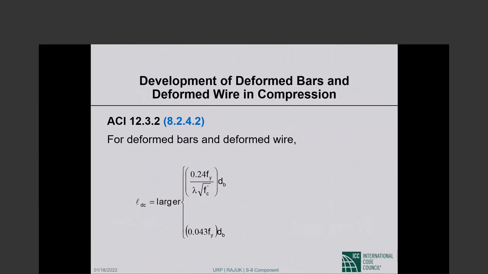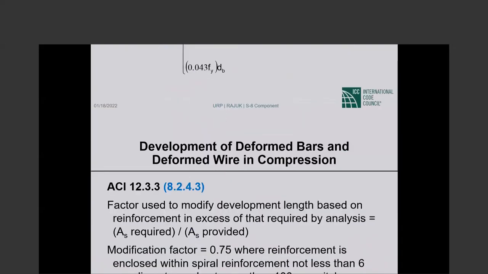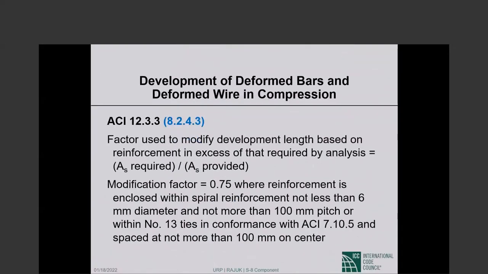These are the expressions for deformed bars and deformed wire. L sub DC, the required development length, is the larger of the values given by the two expressions. And the only parameters involved are F sub y, the yield strength of the reinforcement, the compressive strength of the concrete, F sub c prime, and the bar diameter. So nothing to explain. The factors that we can apply are factors that apply to the required L sub DC that you saw on the previous page.